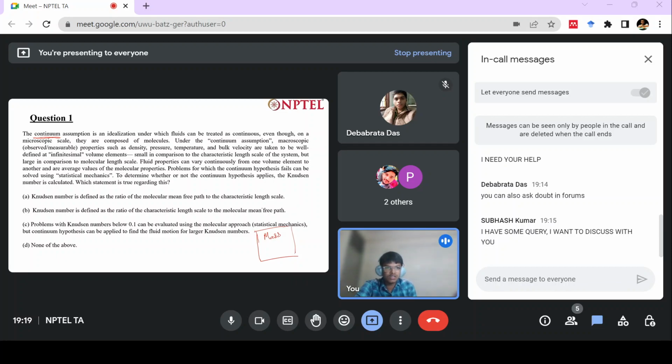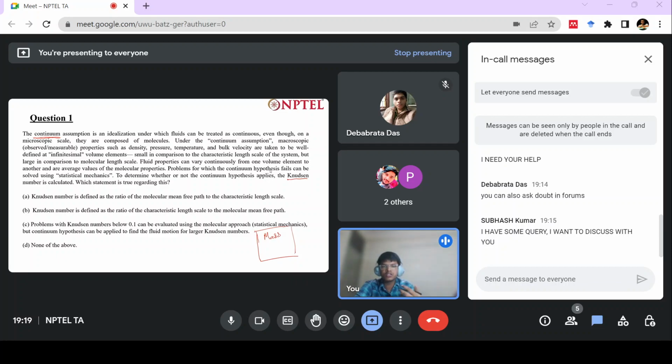So the question is about the Knudsen number, whatever you may call it. So Knudsen number, what is this? The definition of this Knudsen number. This Knudsen number is used to identify whether a problem can be solved using continuum hypothesis or not.